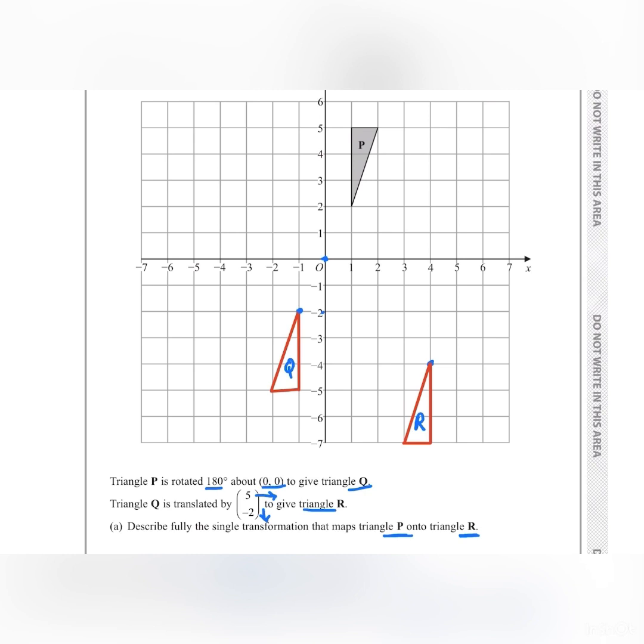Again, you can use tracing paper to trace out where P is, and then try to rotate from different points until you find that point. Now, when I did that, it was at 2.5 and -1.